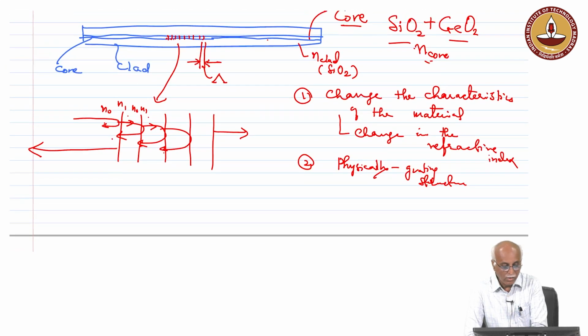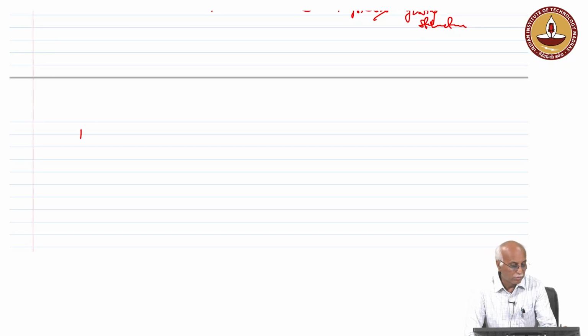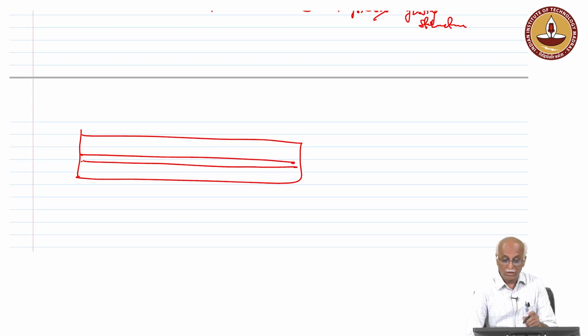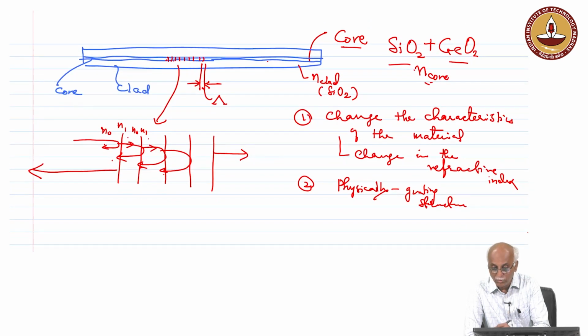Now, if we use a laser beam with a wavelength around 248 nanometer, a krypton fluoride excimer laser, it interacts with this material, SiO2 and germanium oxide, and induces a material characteristics change because oxygen may get detached physically due to the interaction of the laser beam with the material.